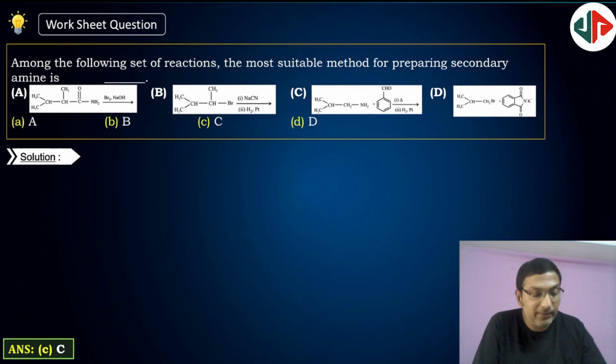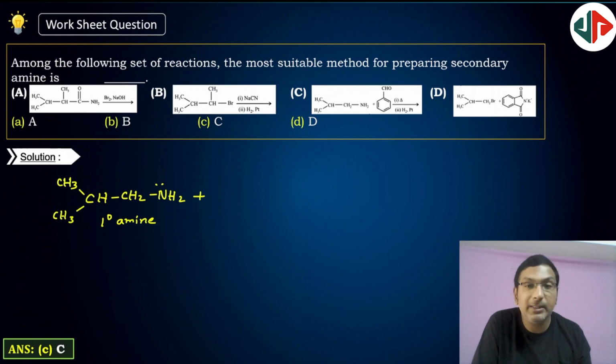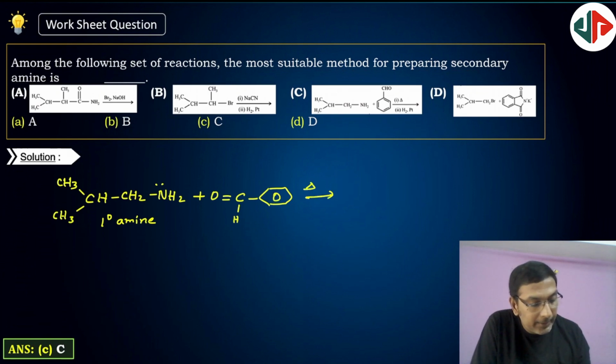Among the following set of reactions, the most suitable method for preparation of secondary amines. So simple. Here I am taking CH3CH2CH2NH2, which is primary amine, plus benzaldehyde, C6H5CHO, on heating.